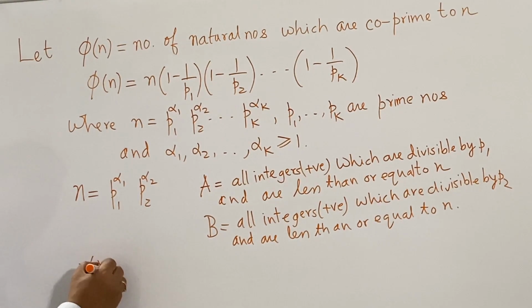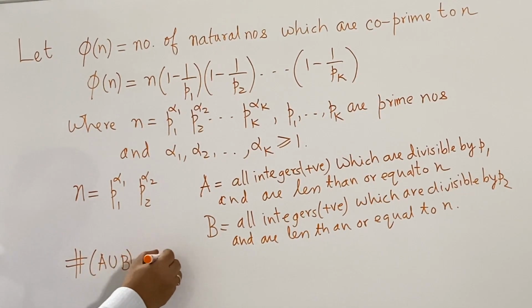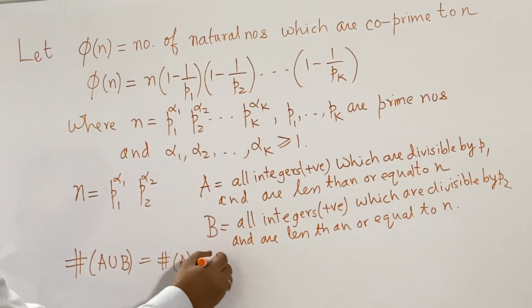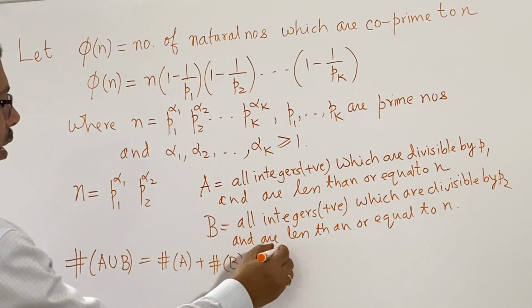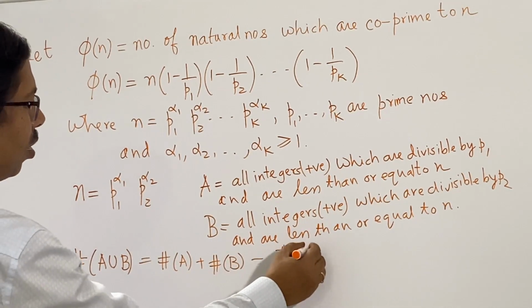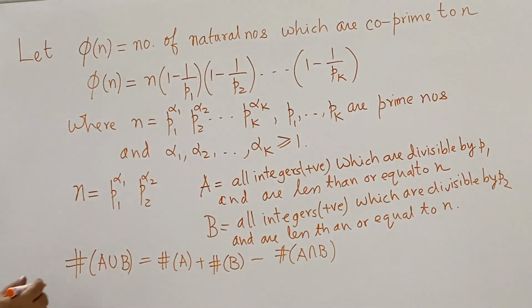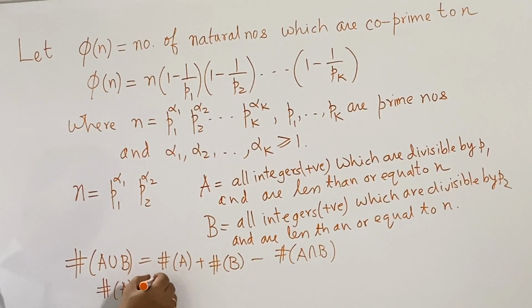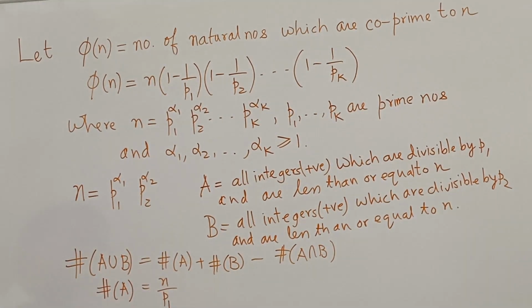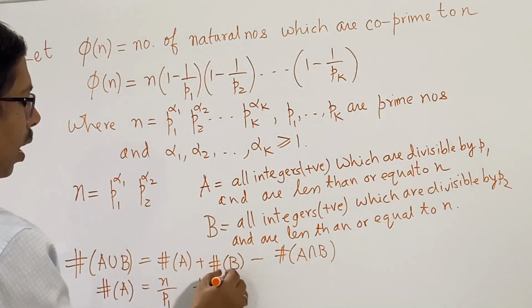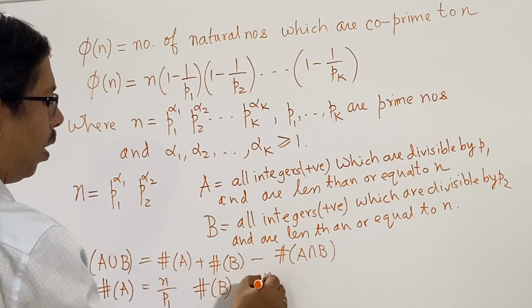We know that the cardinality of A union B is the cardinality of A plus the cardinality of B minus the cardinality of A intersection B. We are denoting cardinality by hash here. Now the cardinality of A is n divided by p1. So these are the natural numbers less than or equal to n that are divisible by p1. Similarly, the cardinality of B is n by p2.